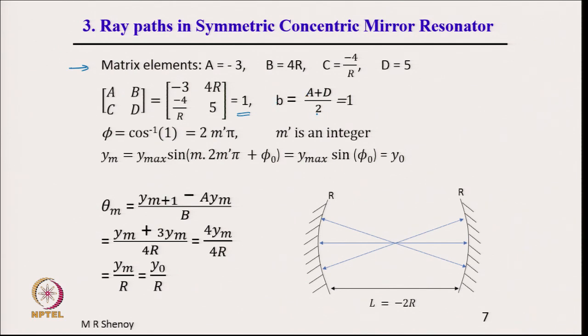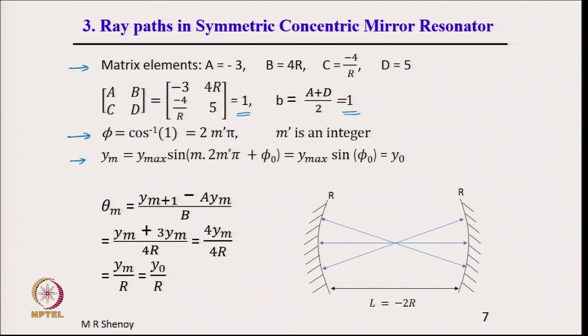A plus D by 2, A is minus 3, D is 5 and therefore, A plus D by 2 is equal to 1. As before, phi is equal to cos inverse of 1, which is equal to 2 m dash pi, where m dash is an integer, and therefore, y m is equal to y max into sin m phi plus phi 0.